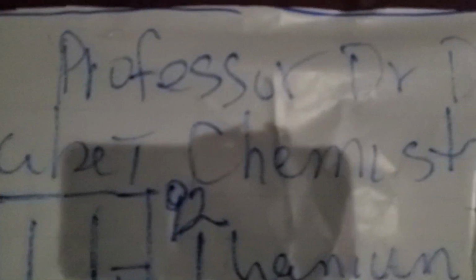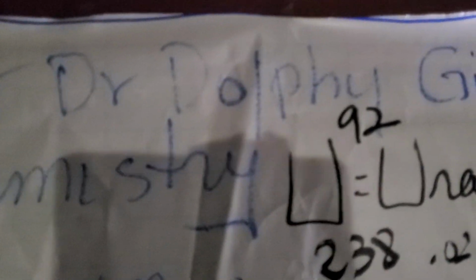So let's come up here now, and here we have it. U, uranium, 92, 238, and then we have unnilnilium for 100. Which one is that? I think that is fermium.